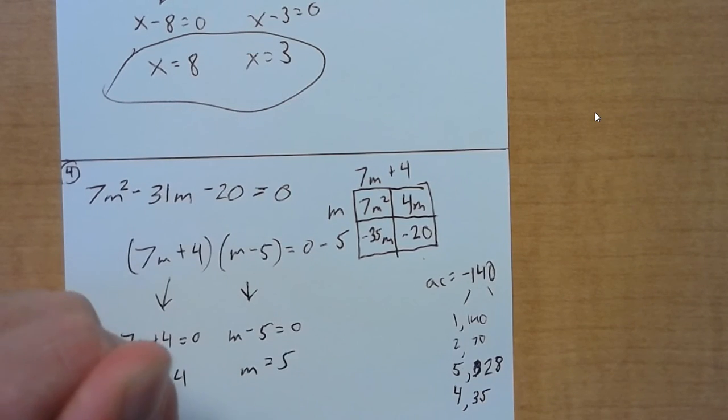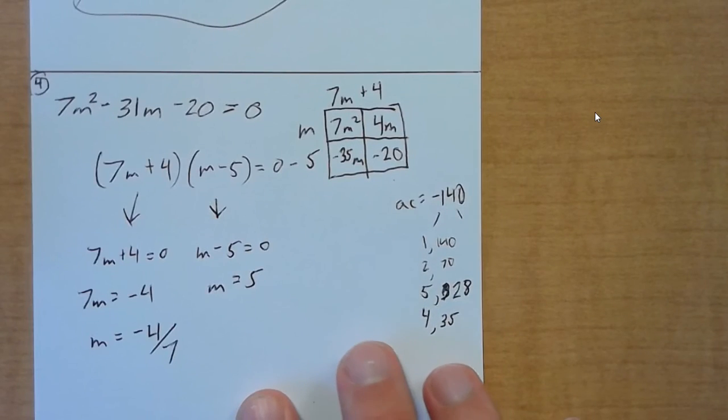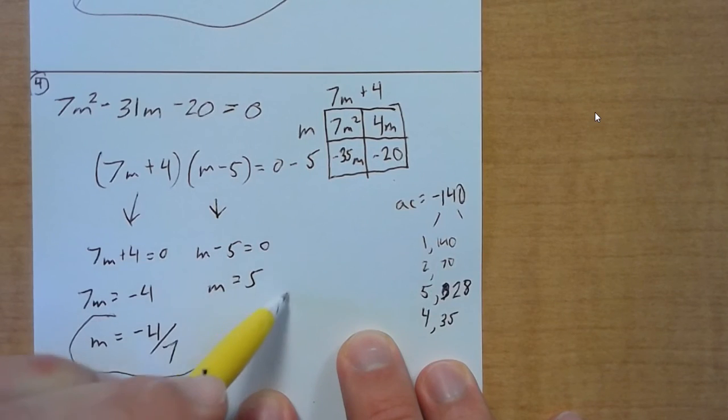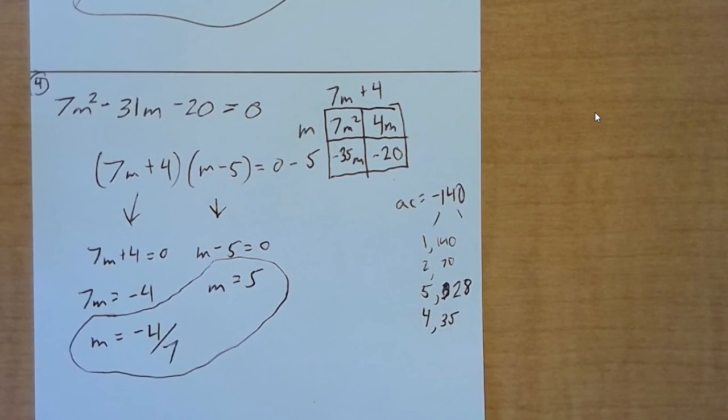And then just completing that algebra, I get that m is -4/7 and m is also 5. Okay, so that's how you solve by factoring. Just factor, then set each factor equal to 0, and you shouldn't have a problem at all. All right, thank you.